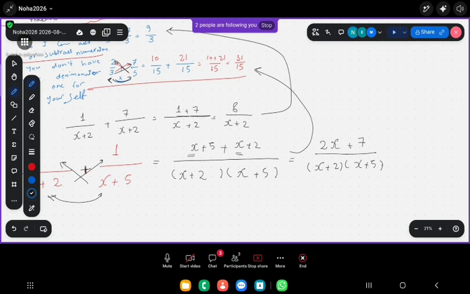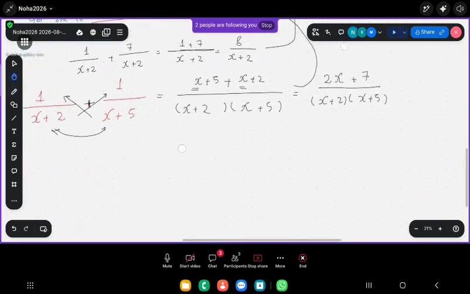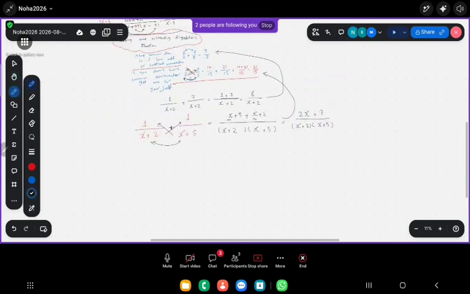Here, I have two algebraic expressions, and sometimes we have two conditions. Look, what about my two conditions?